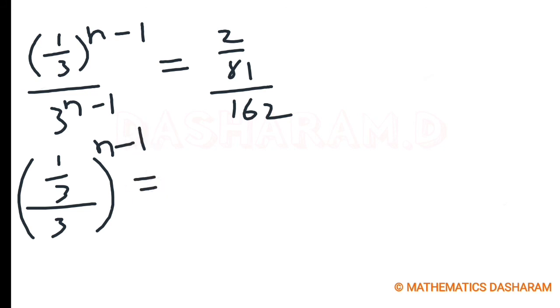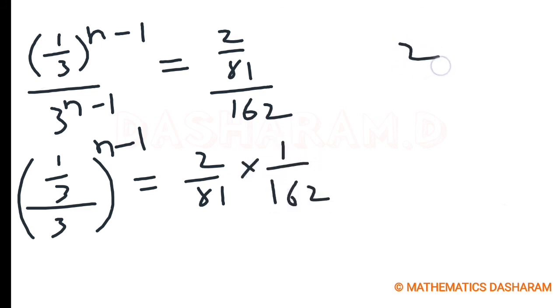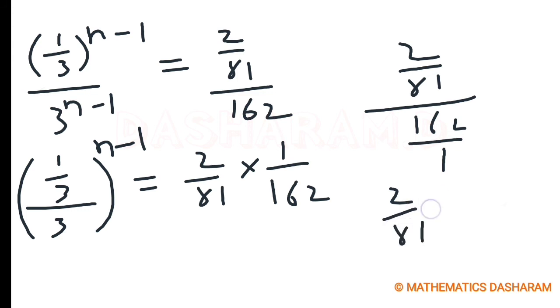Now the simplification is 2/81 into 1/162. Why? Because 2/81 divided by 162, 162 can be written as 162/1, so the second fraction will be reversed.